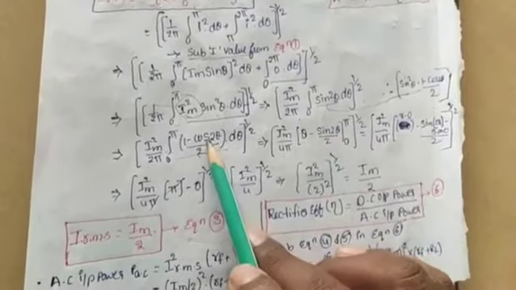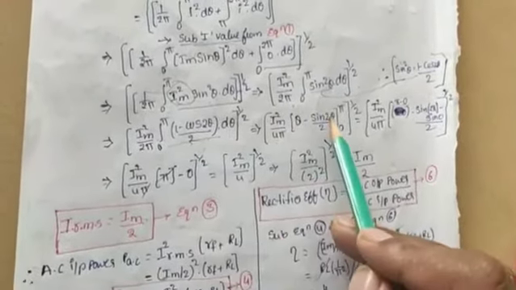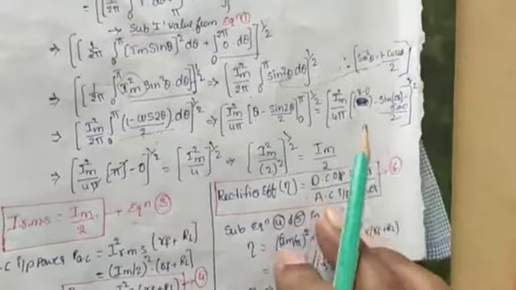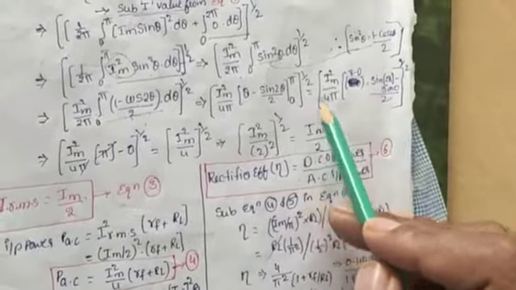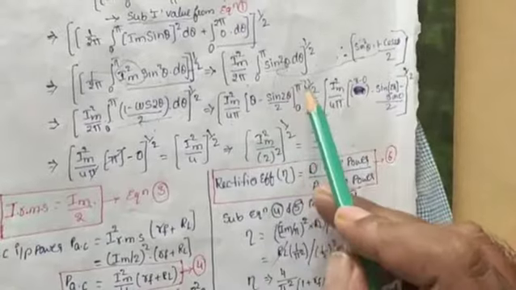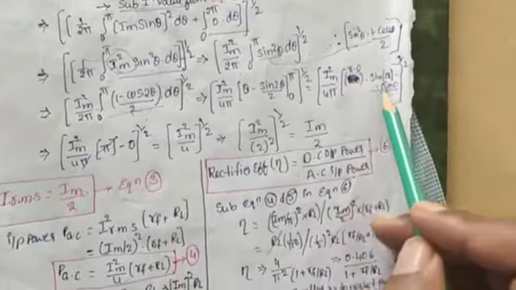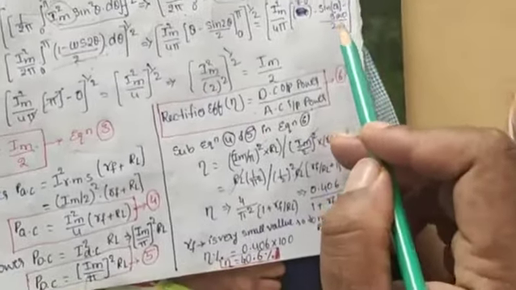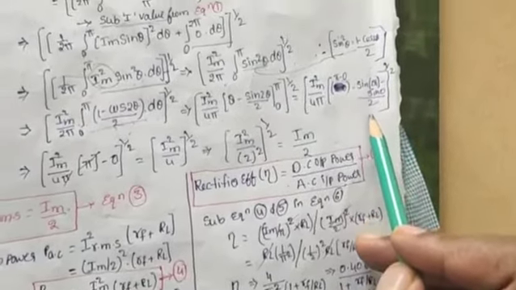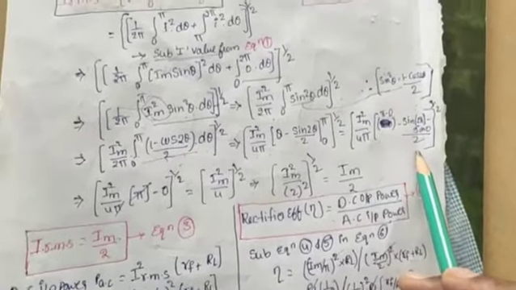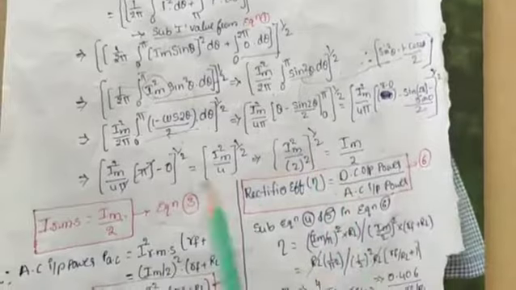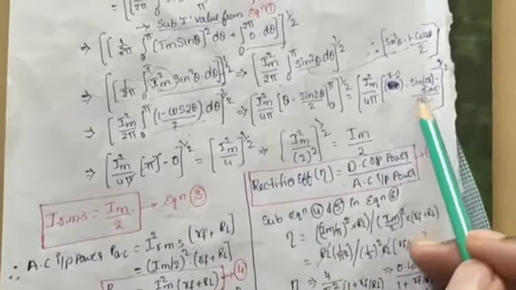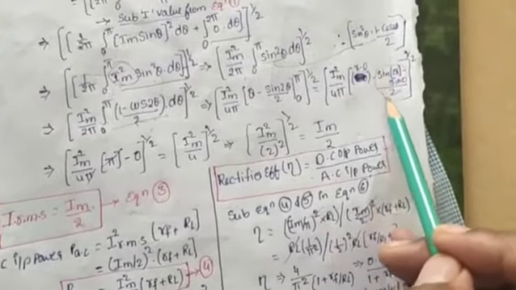The integration of cos 2θ is equal to sin 2θ by 2. Now again you can apply the limits to this equation. Limits π to 2π, that means π minus 0. Again here sin 2π and sin 0 by 2. Write down the remaining as usual. After that this entire equation is 0.